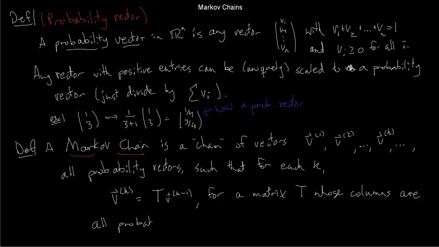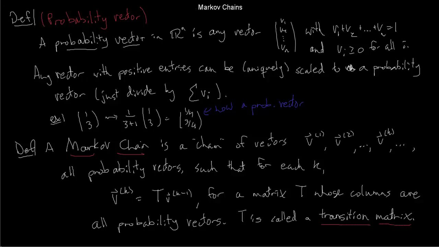That's going to be called a Markov matrix or a transition matrix for the Markov chain. The chain is the sequence of vectors. The transition matrix is how you get from one to the next. So in the last example, the transition matrix was that 2x2 matrix, and the sequence of win-loss probabilities was the Markov chain.